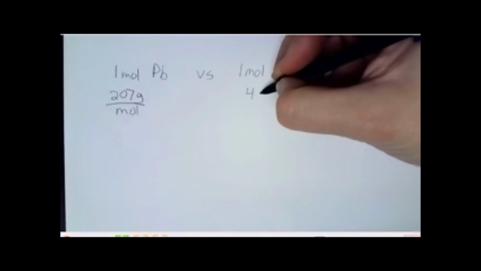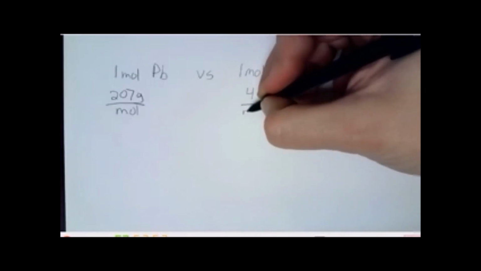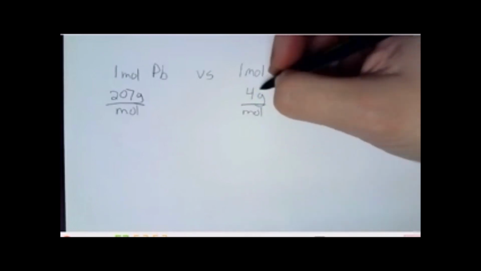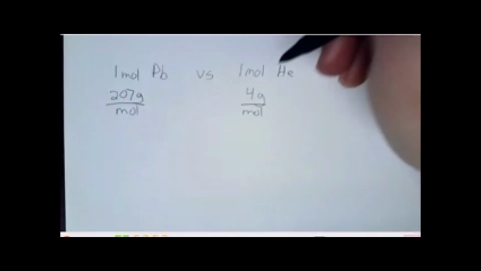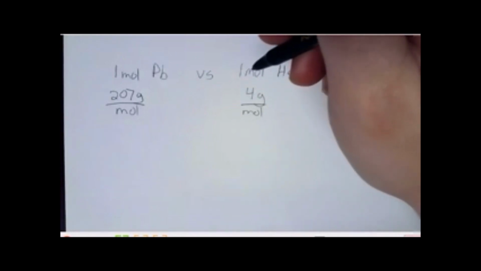So it would be equivalent to 207 grams per mole, while helium has a ratio of 4 grams per mole. So which has more atoms? Neither. Which weighs more? Clearly the lead's going to weigh 207 grams, while the helium's only going to weigh 4 grams.